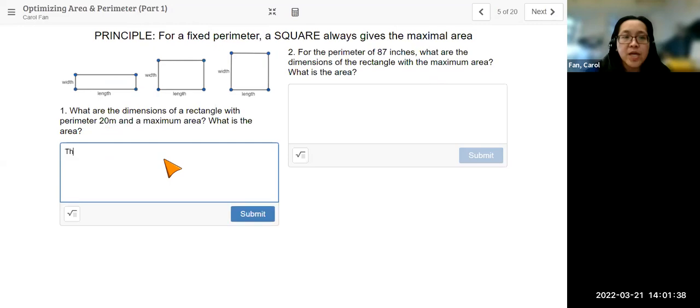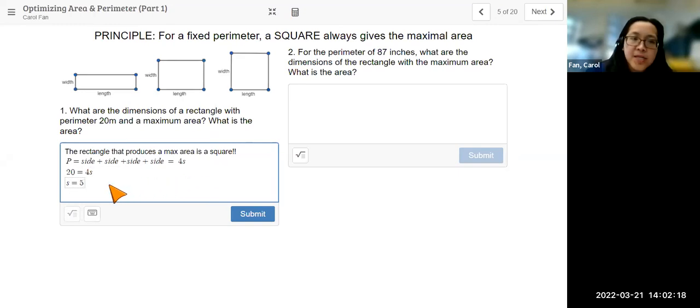Now, one thing I know is the rectangle that produces a max area is a square. So that means the perimeter is equal to side plus side plus side plus side, or I can say 4 sides. Okay, so if I substitute that in, I have 20 is equal to 4s, and s is equal to 5.